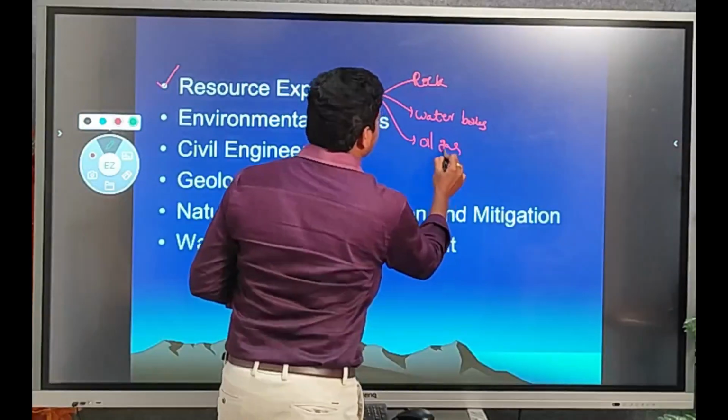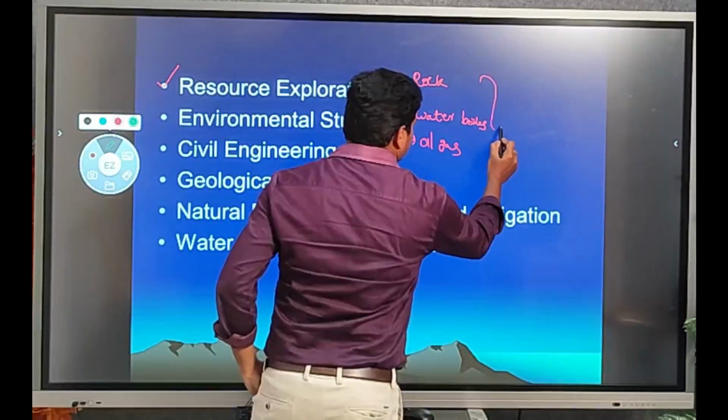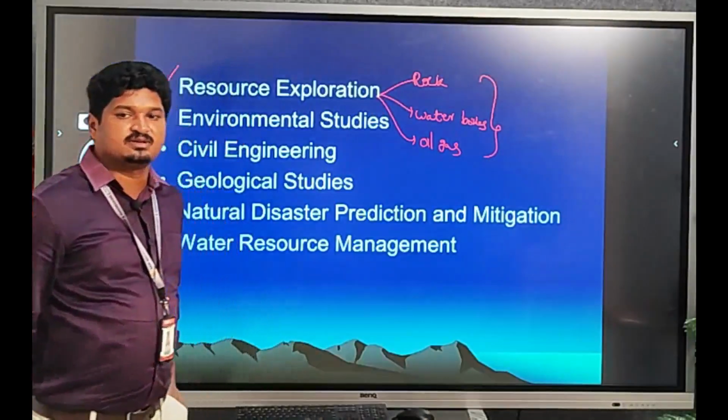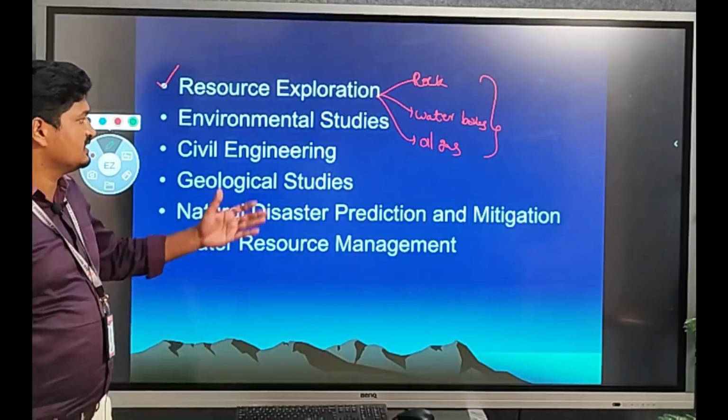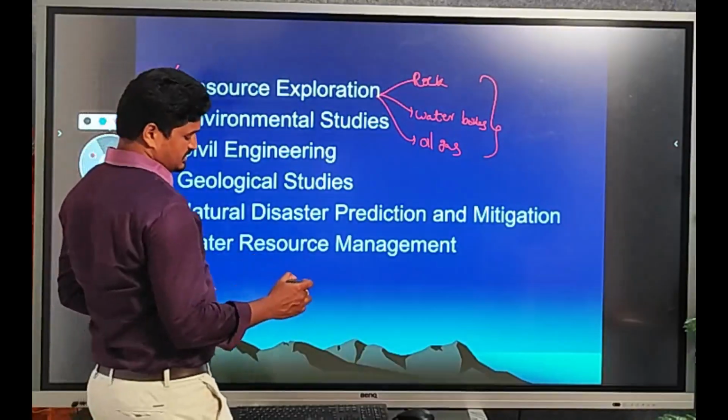These are the natural resources accumulated in the subsurface of the Earth, and they can be identified using geophysical methods.